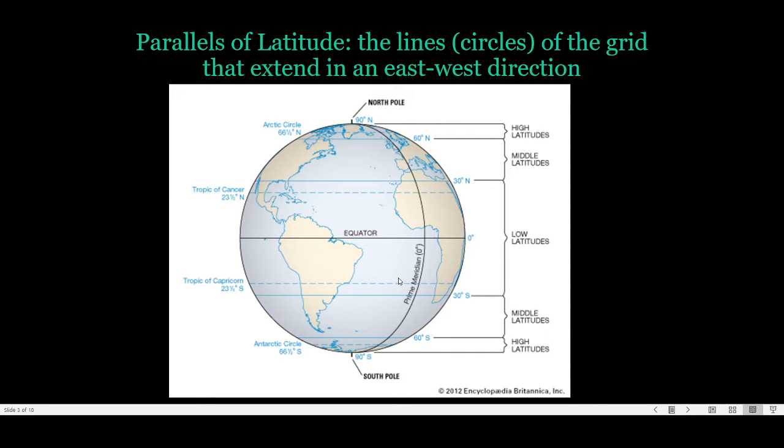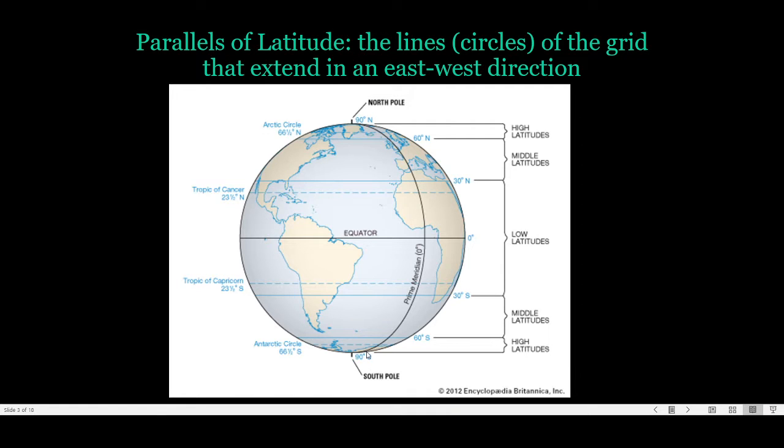All lines of latitude except the equator are labeled north, so 30 degrees north, 60 degrees north, 90 degrees north, or they are labeled south of the equator, so 30 degrees south, 60 degrees south, and 90 degrees south.